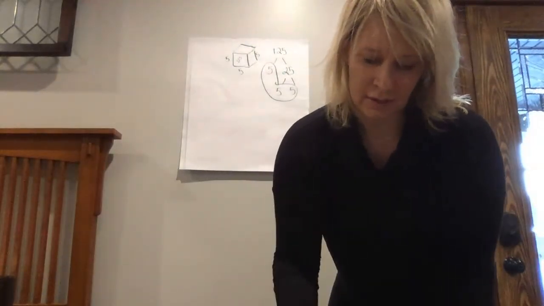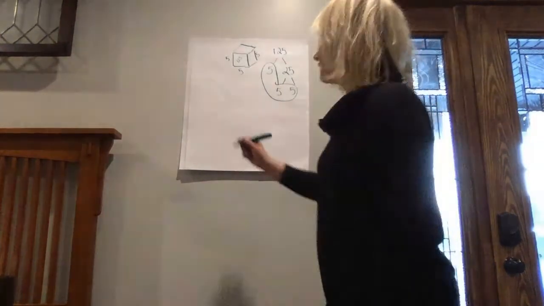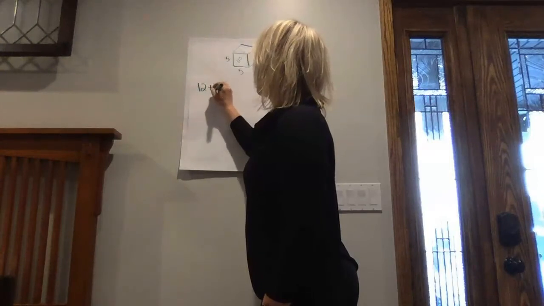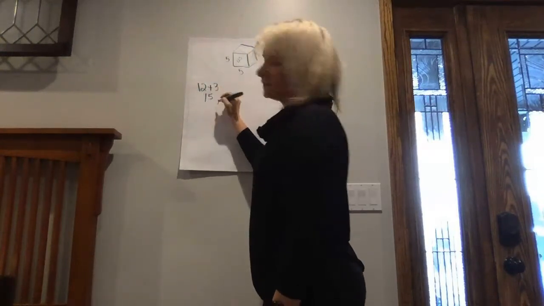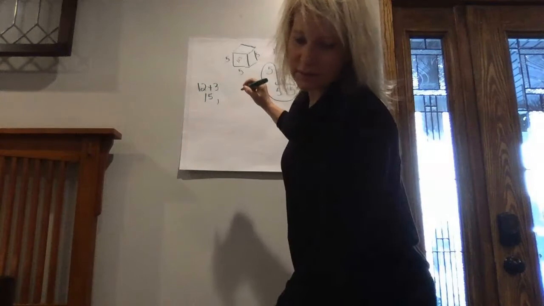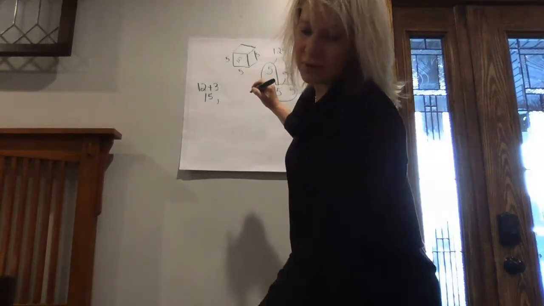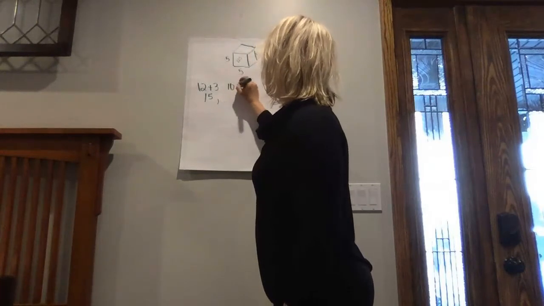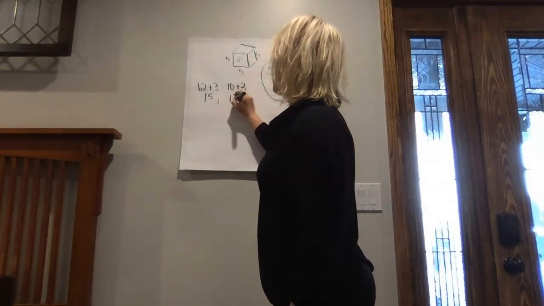Yeah, so that ended up to be 12 plus 3, which was 15. The next one was the cube root of 1,000 plus 2. So the cube root of 1,000 is 10 plus 2, so that was 12.